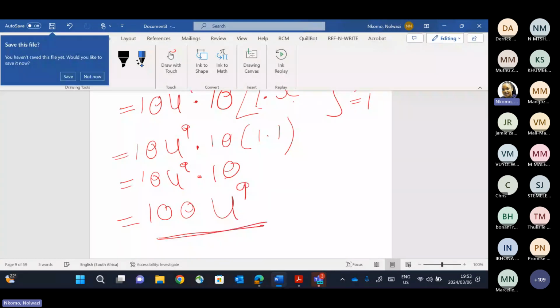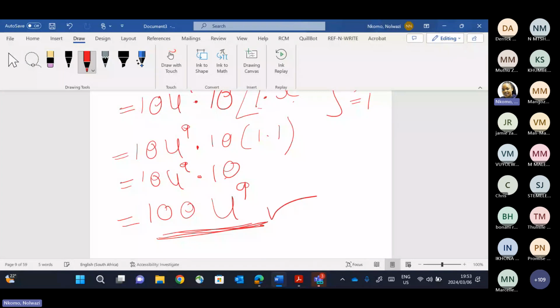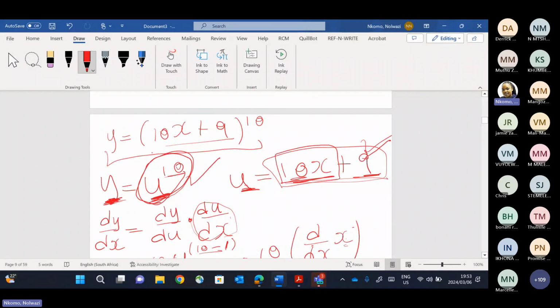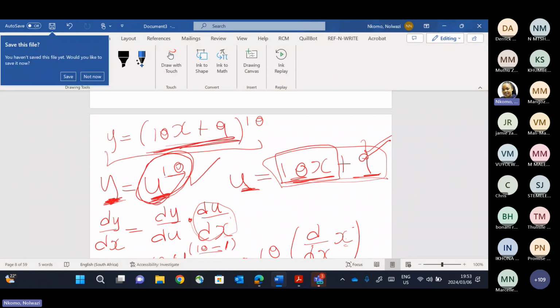You can't leave your answer here because remember, your function was given in terms of x, not in terms of u. You only introduced u to help you use the rules of differentiation. Now you need to put the value of u back. We said your u is equal to 10x plus 9. Then go back to your answer.